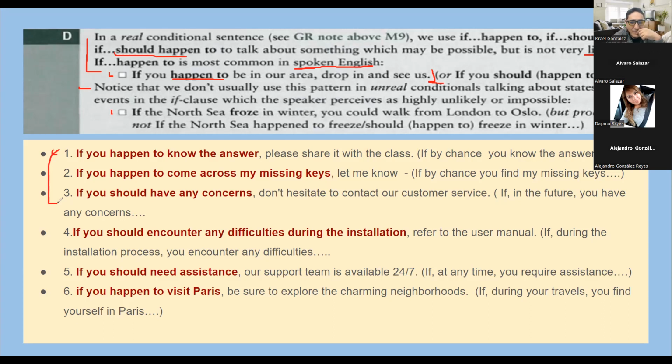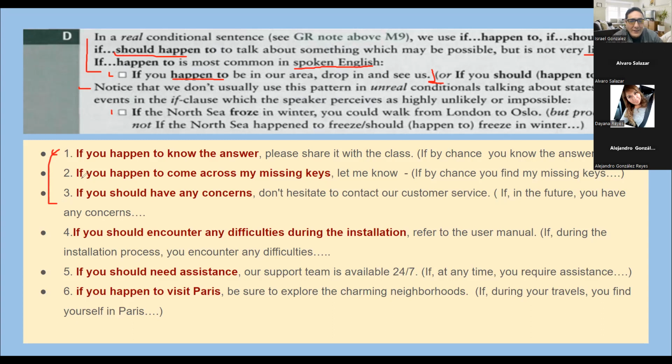Number two, if you happen to come across my missing keys, let me know. If by any chance you find my missing keys. And number three, if you should have any concerns, don't hesitate to contact our customer service. If in the future you have any concerns.